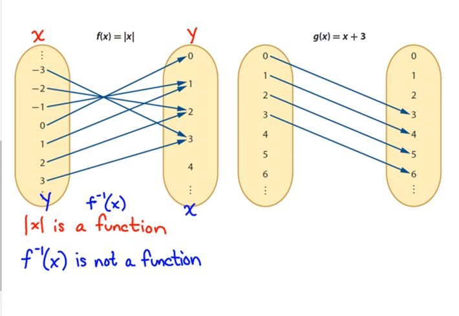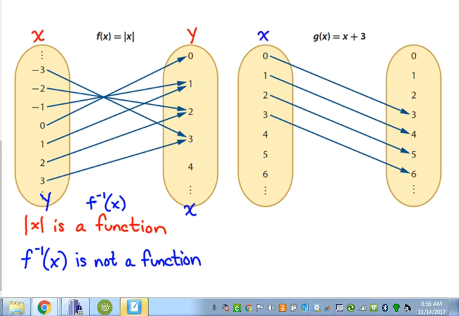So let's look at the other example. g of x equals x plus 3. When we plug in 0, 0 plus 3 is 3. When we plug in 1, 1 plus 3 is 4. When we plug in 2, 2 plus 3 is 5. So g of x is a function. Is its inverse a function?